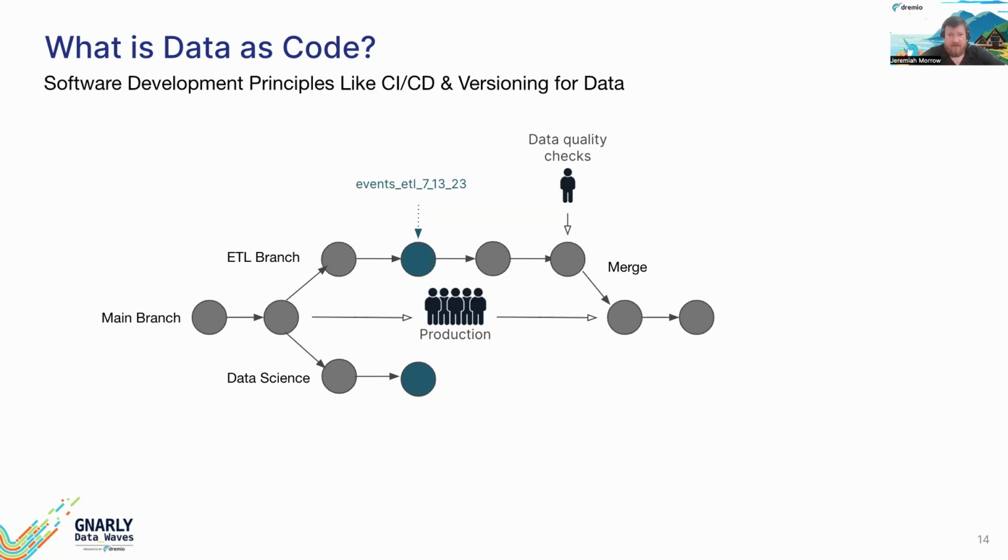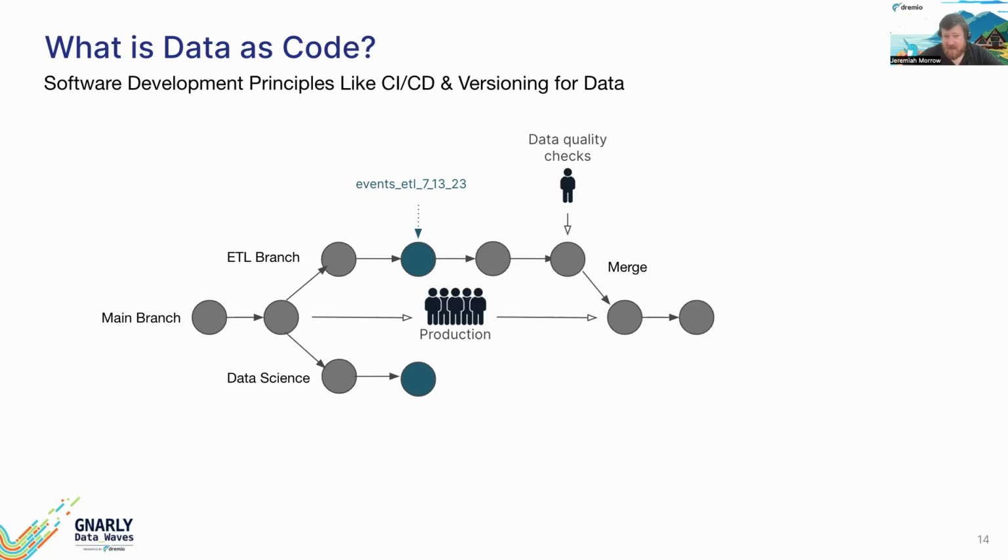Again, zero copy clones. So in this example, I have my main branch of the data, and that's my production branch where my end users are using that data for things like dashboards and reports. If I want to make changes to that data, I can create a separate branch. So in this example, I have an ETL workflow. So I'm adding new data in, and then I can check it for quality before I merge it into the main branch.